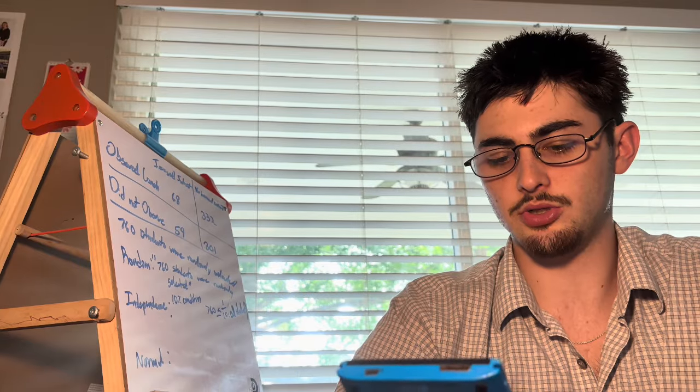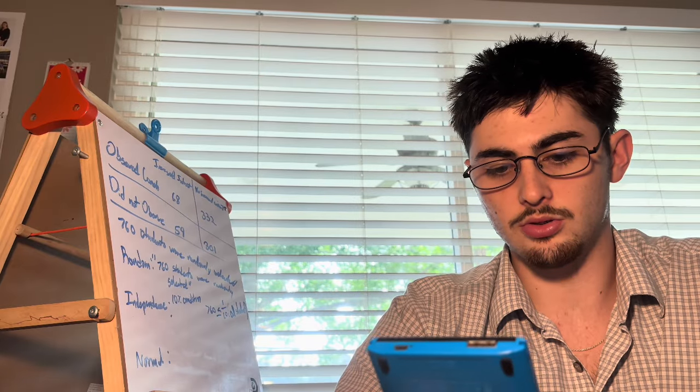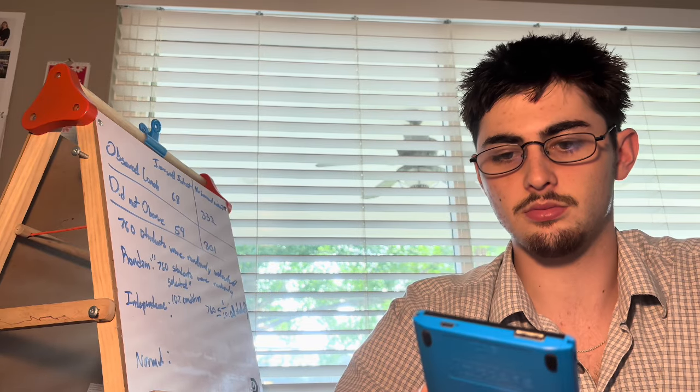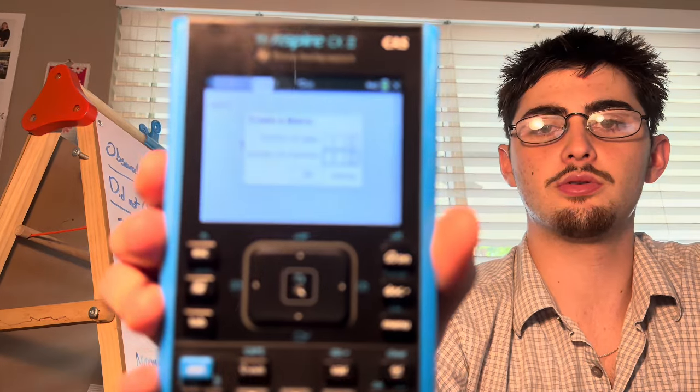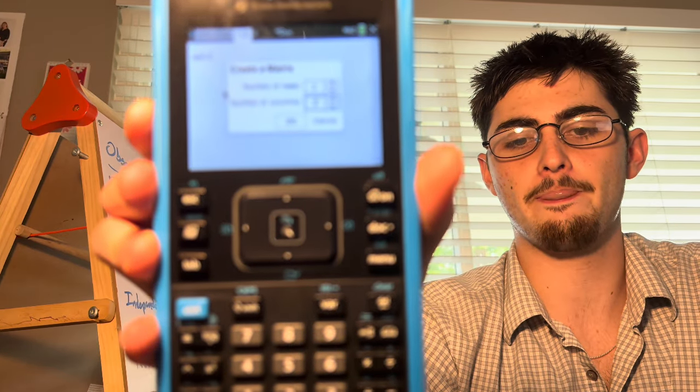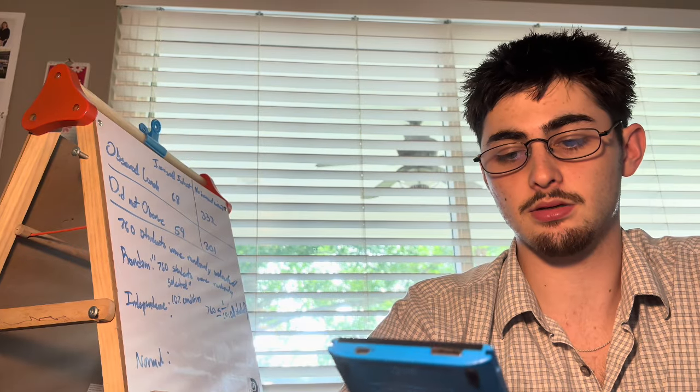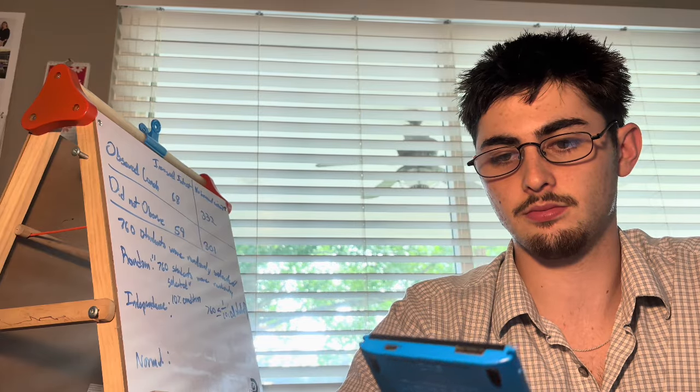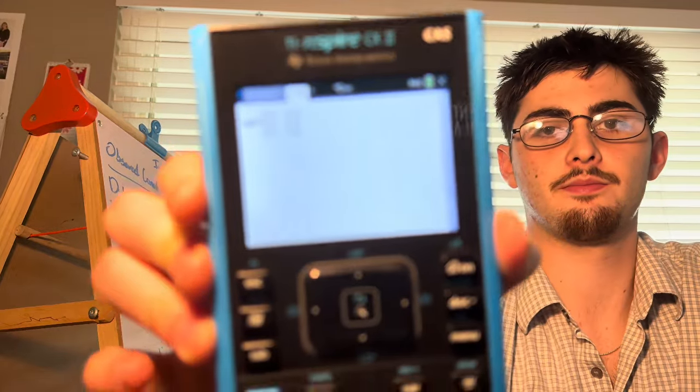You're then going to change it to be 2 rows and 2 columns, and then select enter. It's going to pull up like this.